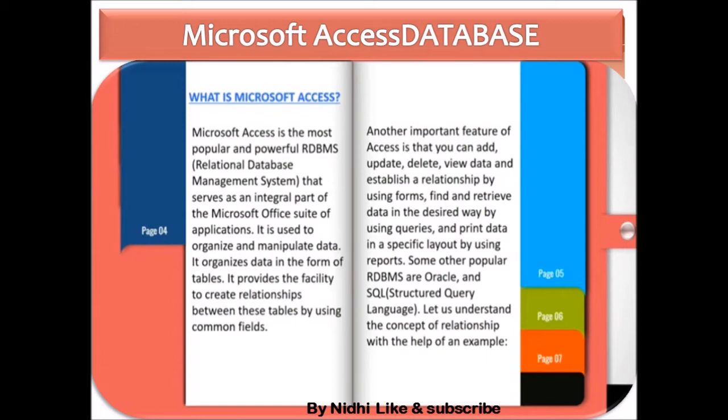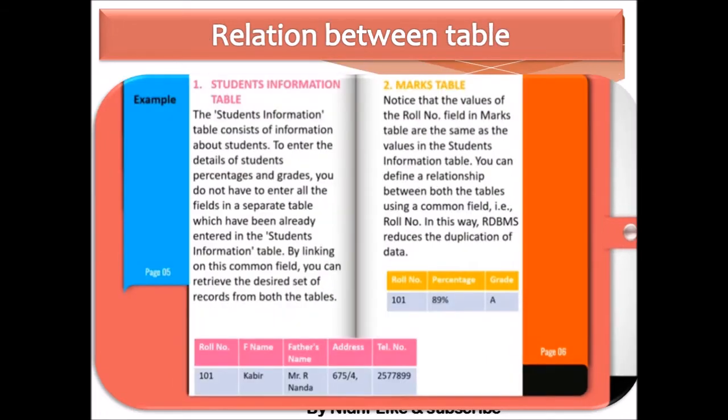Okay, so let us see an example of this. Check here that a table is given with the name student, and in that we have columns. In the same way, there are two tables: one is student and another is marks. In the student table we have roll number, first name, father name, address, telephone number.